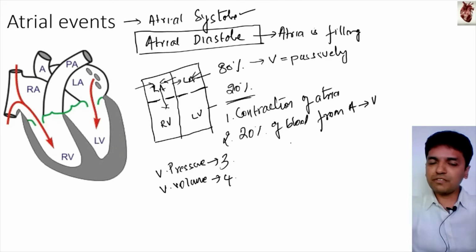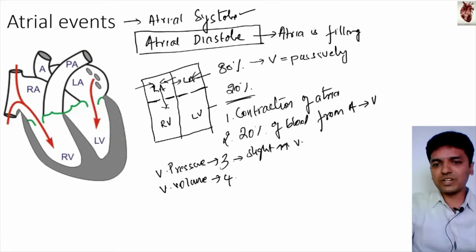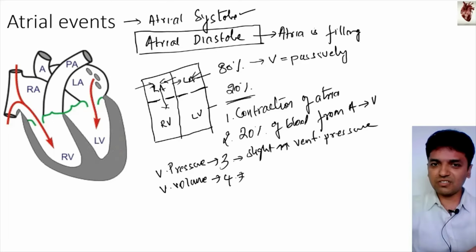Now when the blood from the atria is entering into the ventricles, what happens to the ventricular pressure? There is a slight increase in the ventricular pressure. What is happening to the blood volume? 80% of the blood volume has already entered into the ventricles, the remaining 20% has to go.